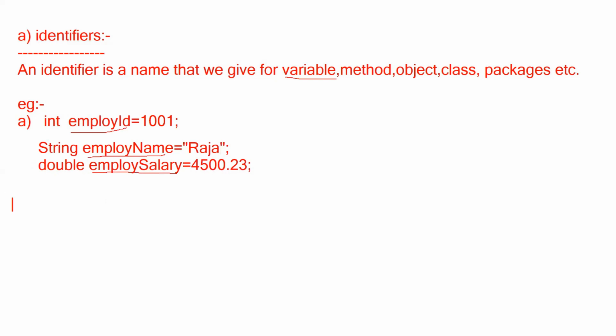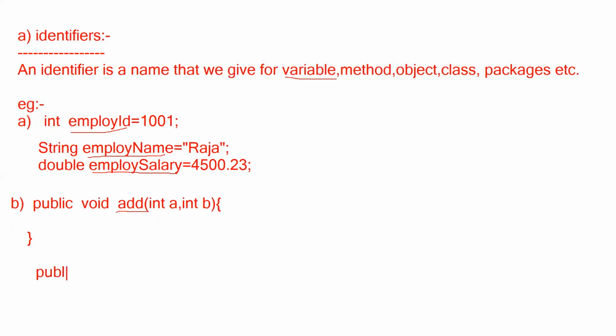Then I will create a method here. For example, void add(int a, int b). This is a method. In this method, the method name you can see is add. This is the name of the method. That means we can understand this method does the addition operation.